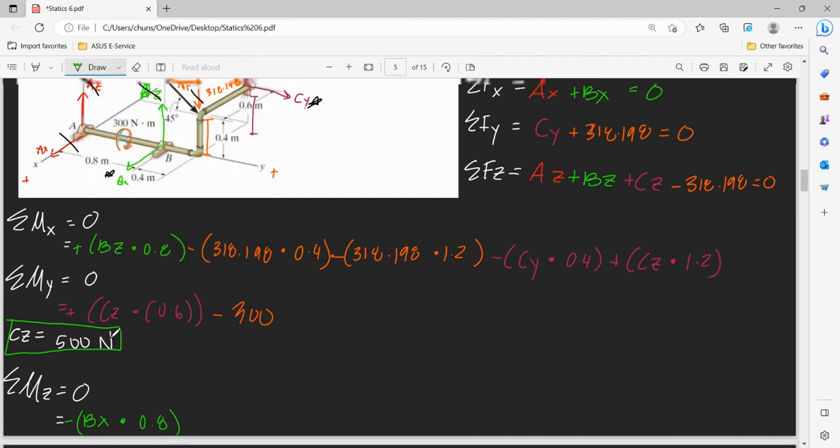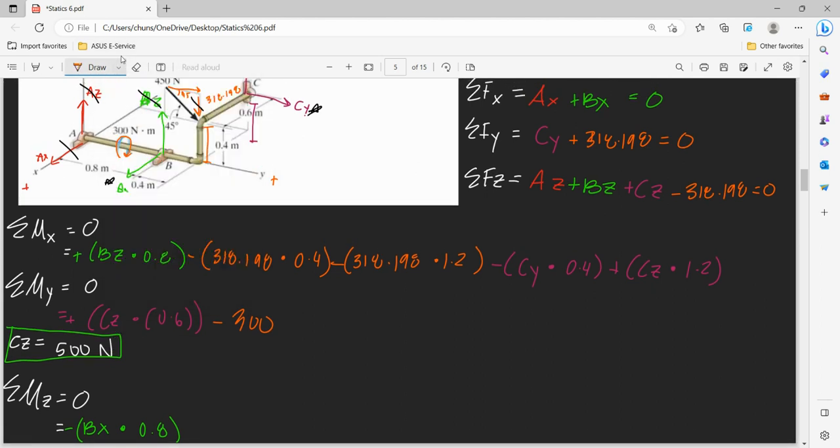So that is our first one. We can do our y component. And this is at a distance of, it's in the y direction, and we're measuring to our z-axis, so that means we are using our x distance. And we actually can't use this, sorry, I forgot. We can't use this because if we draw the line of action, it actually goes through our z, so we can't use this one either.